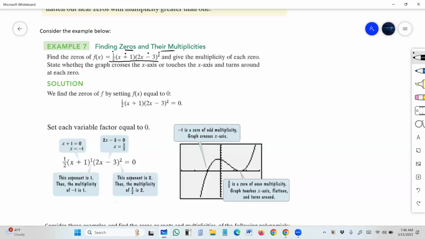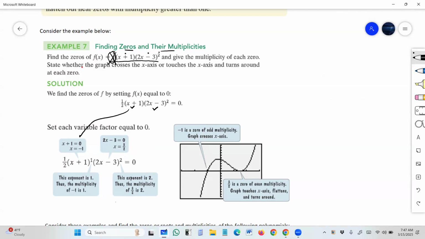So in this case, I would set each factor to 0, keeping in mind that 1/2 cannot be 0, so this is eliminated. This is not a possible root. I will set x plus 1 equals to 0, and we will set 2x minus 3 equals to 0. And then by the zero product rule, we'll solve for x, and we'll find each root.